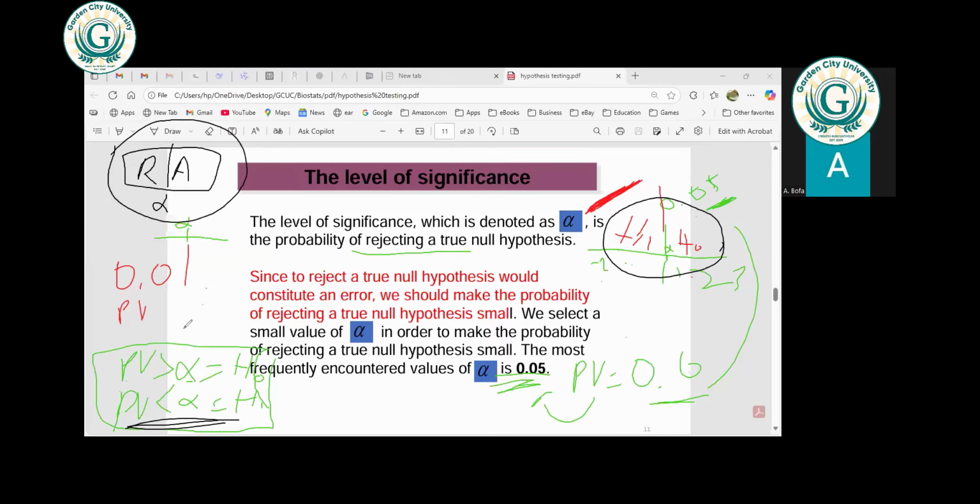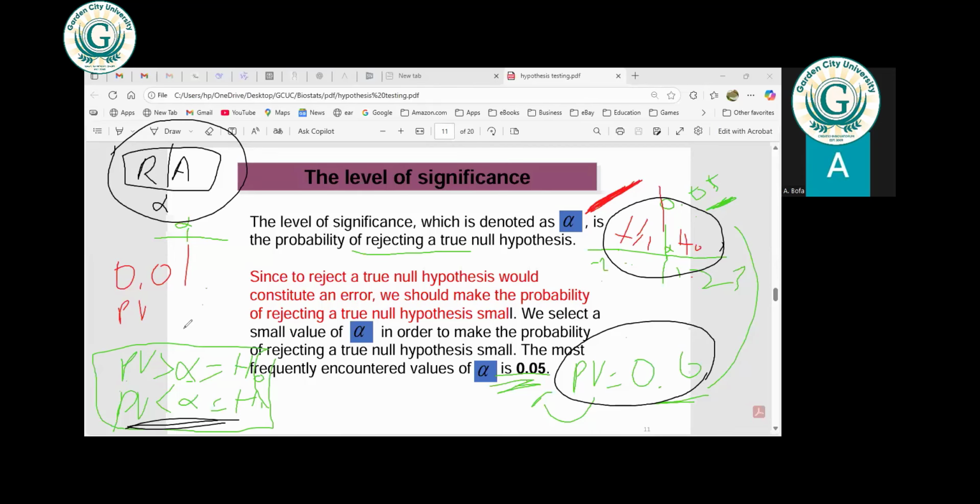The first scenario is where we are assuming that the p-value is 0.06. This is just an assumption.